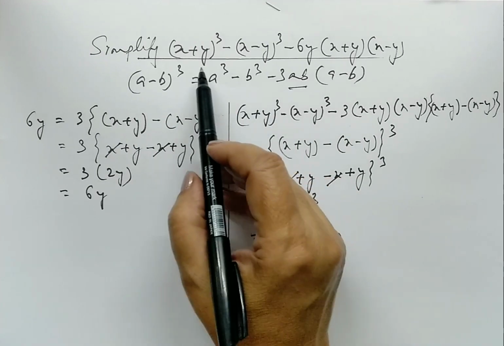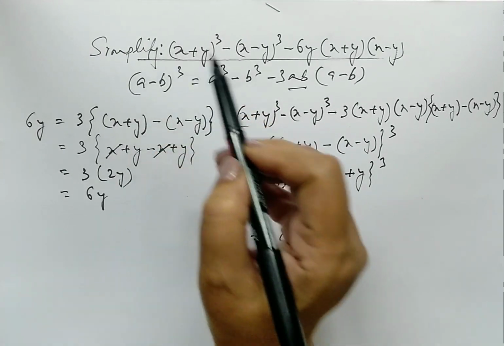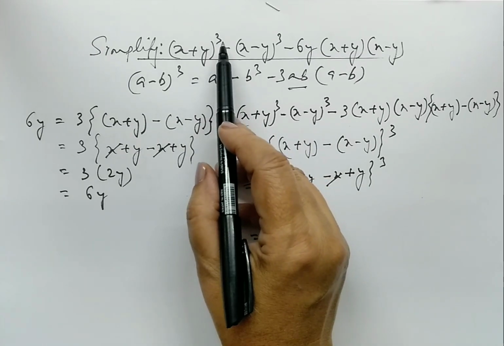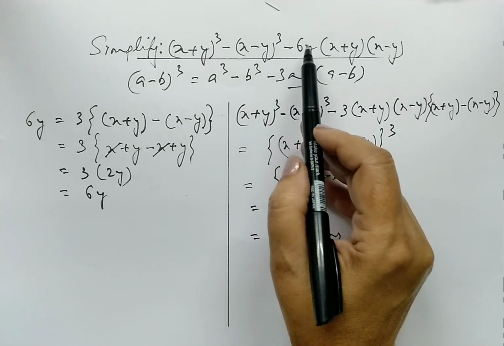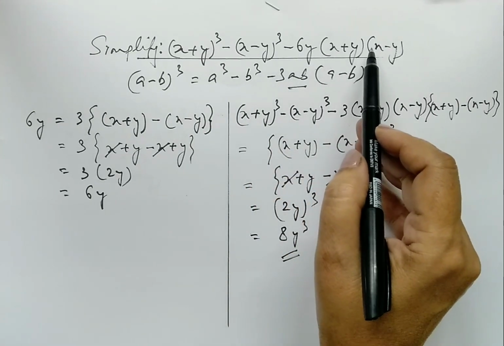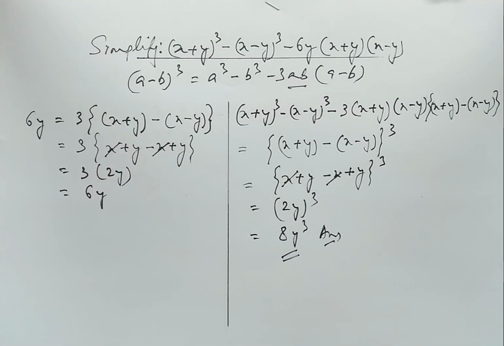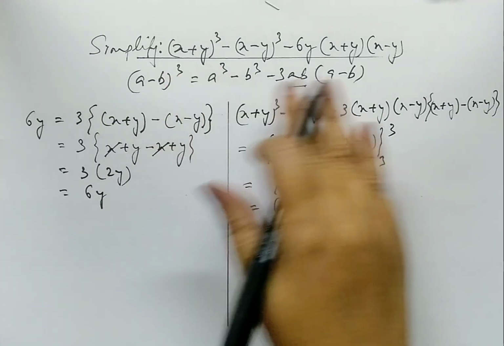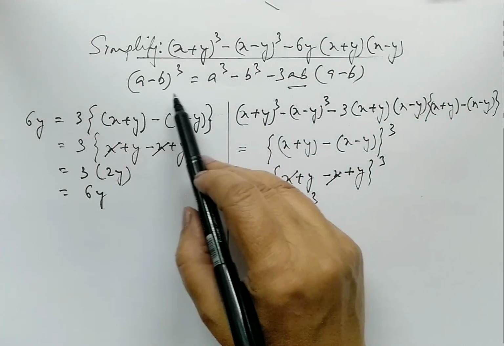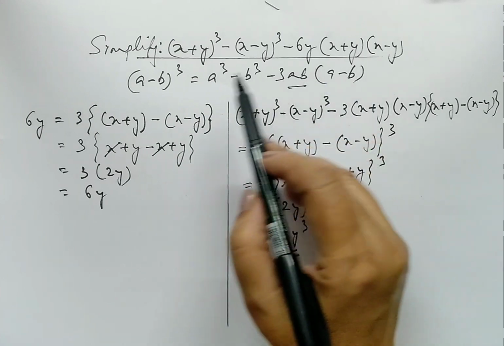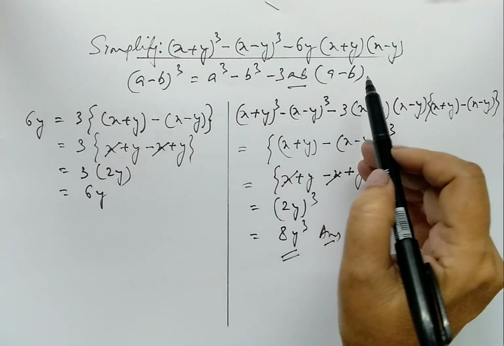So we have this sum, simplification: x plus y whole cube minus x minus y whole cube minus 6y and x plus y multiplied by x minus y. Now, having got this, we found that this wasn't in alignment with this identity, but it was indicating towards this identity itself.